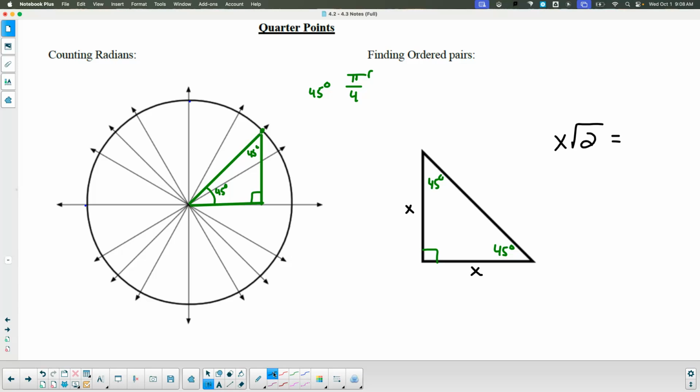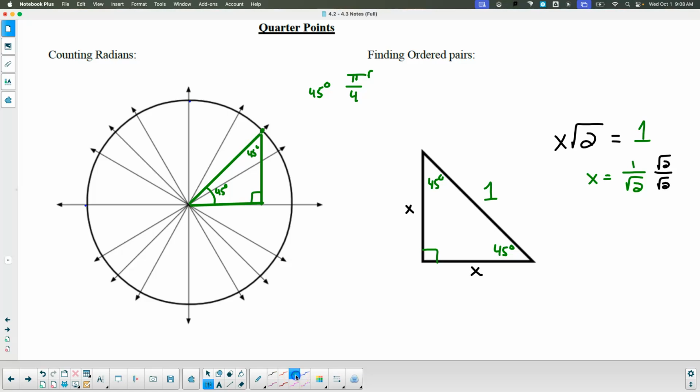Okay? What is the hypotenuse of my green triangle right here? It's 1, because we're on the unit circle, so this length here is 1, so x times the square root of 2 has to equal 1. A leg times the square root of 2 gets me the hypotenuse. In this case, the hypotenuse is 1. So then we can divide by the square root of 2. And then because we are on the unit circle, we will always rationalize our denominators.